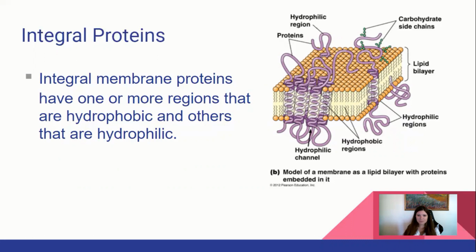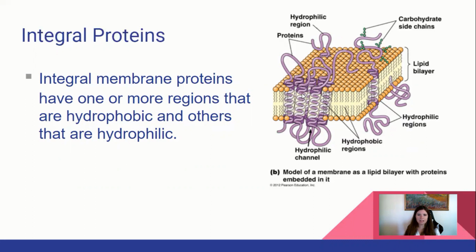And because there are so many different amino acids with so many different chemical properties, some parts of that protein are going to be hydrophobic, other parts are going to be hydrophilic. This is true of our integral proteins, and what happens is that we have a hydrophilic region on the outside and on the inside of the cell.